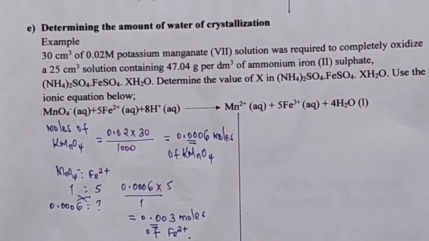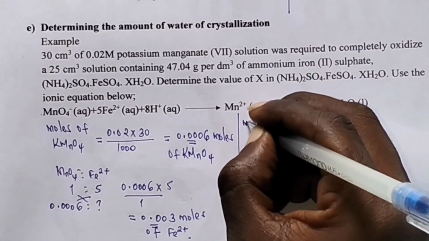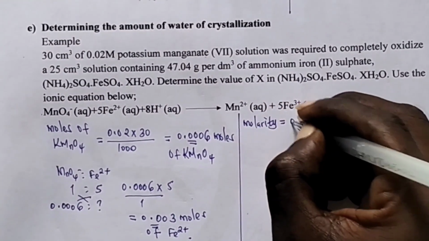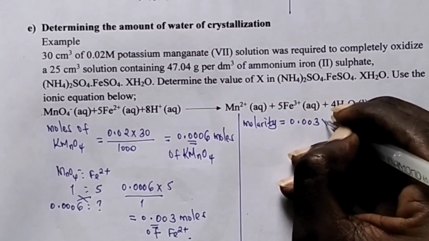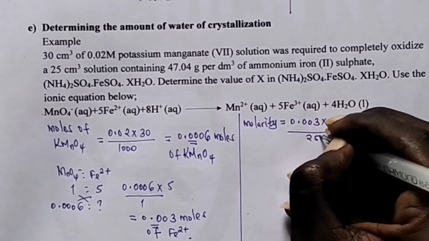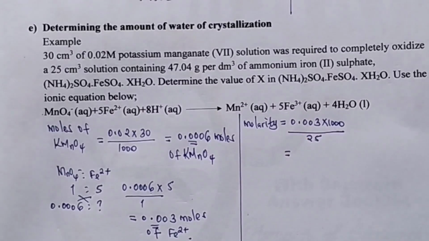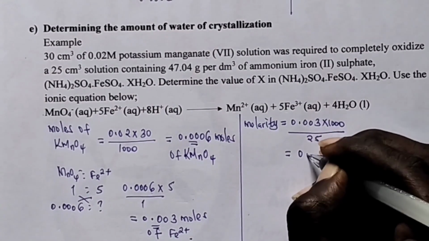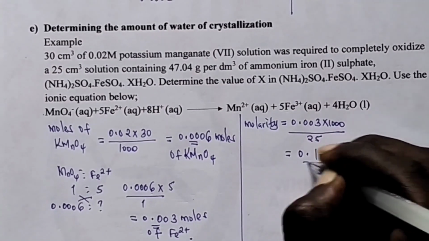So molarity will be equal to moles, 0.003, multiplied by 1000, then divided by volume, 25. So we are going to get 0.12 mol/dm³ as our molarity.